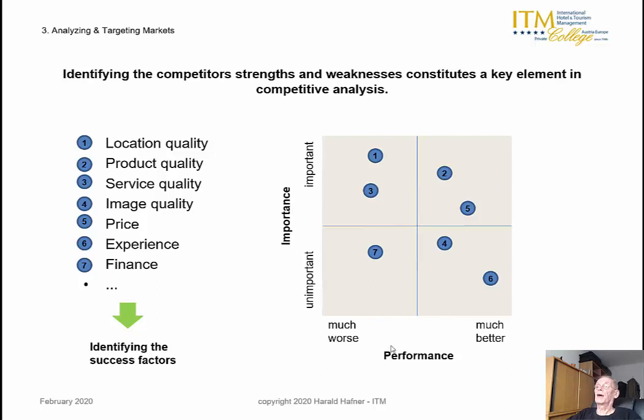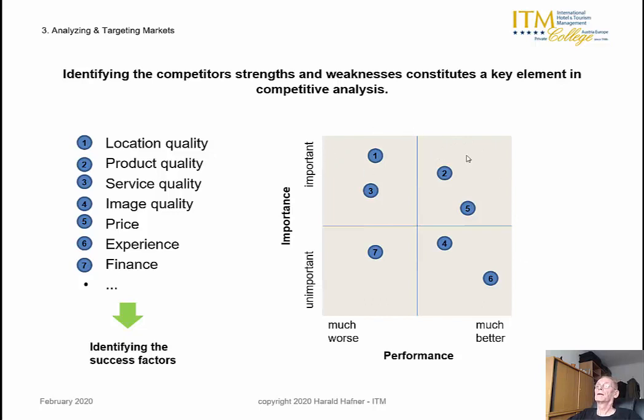On the second dimension, we have the performance. How well are those competitors performing compared to you? Are they much worse or are they much better? You could use a scale from 1 to 5 as well, but much worse and much better. And here we see that some of the success factors in our hypothetical hotel are executed much worse, and some of them are executed much better.